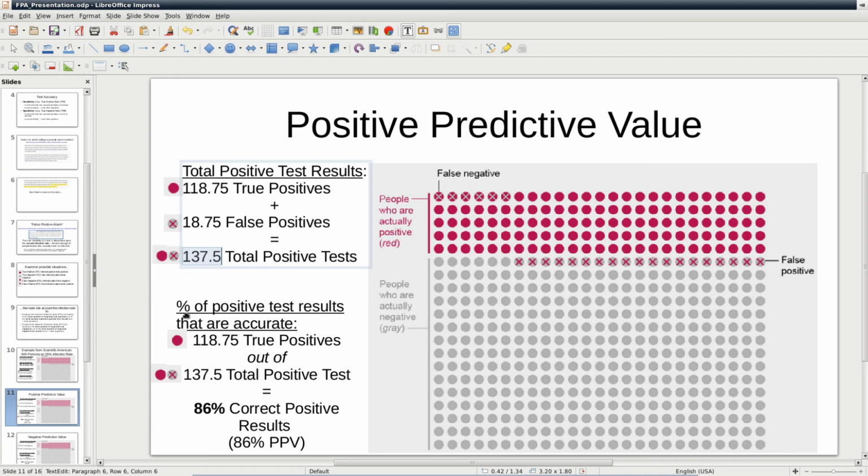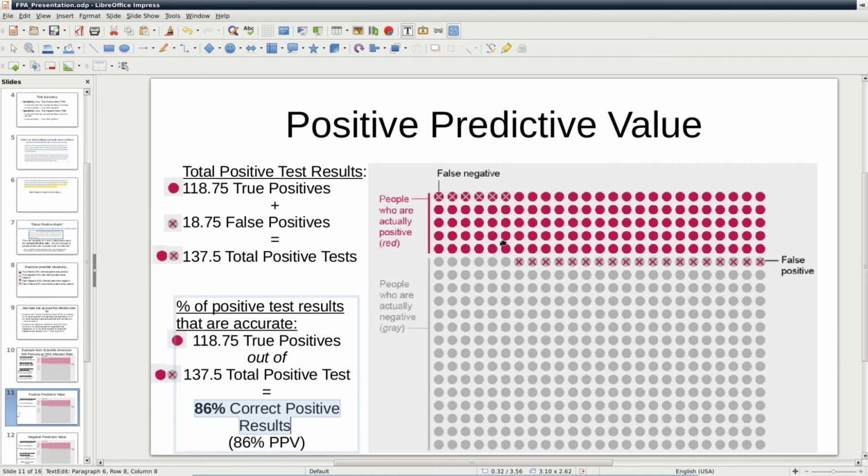We come up with the positive predictive value by looking at the percentage of those positive test results that are actually true positives. So 118.75 true positives out of 137.5 total positive tests. You see what we get is actually 86% that are correct.